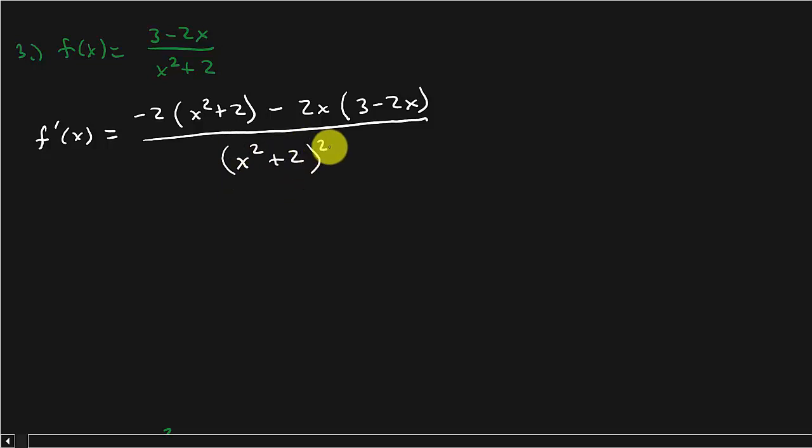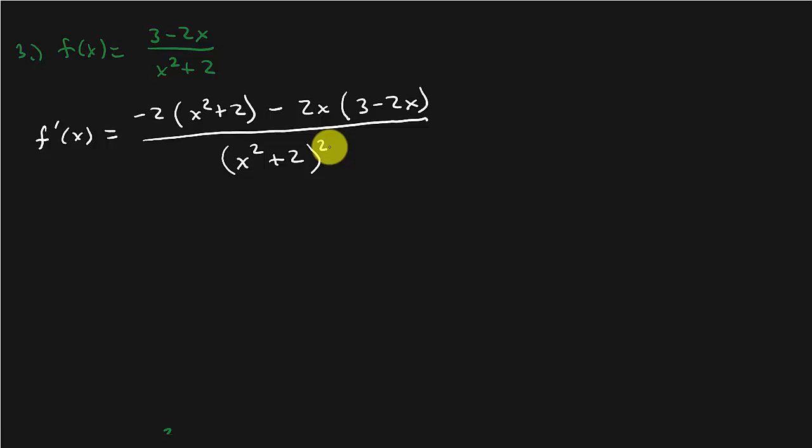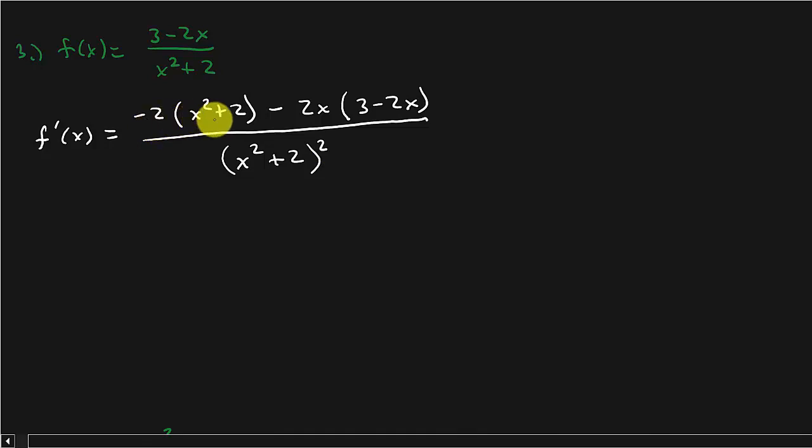All right. Now, it's important here that when you do the quotient rule, it has to be the derivative of the numerator first. So the derivative of the numerator times the denominator minus the derivative of the denominator times the numerator. And now we clear the parentheses and combine like terms.